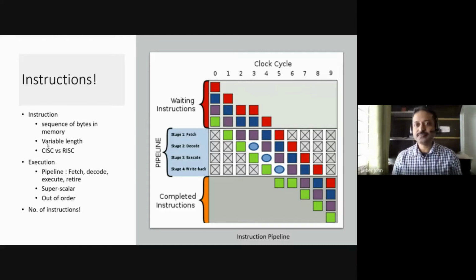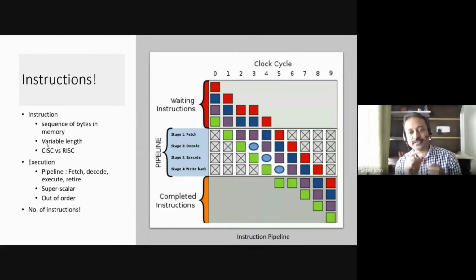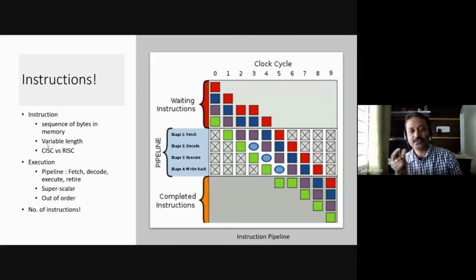Long ago, it used to be scalar operations. That means CPU will fetch one instruction from the memory, decode it, execute it, and then go to the next one. Now the problem is that if one instruction is waiting for data from memory or an input from a user, for example, it is blocked. The next instruction cannot be executed.